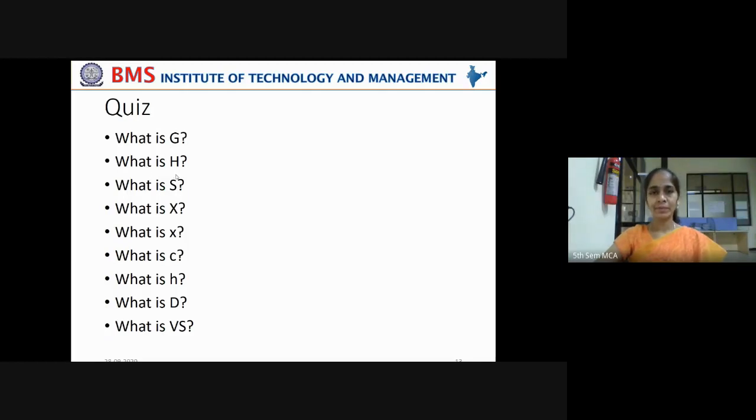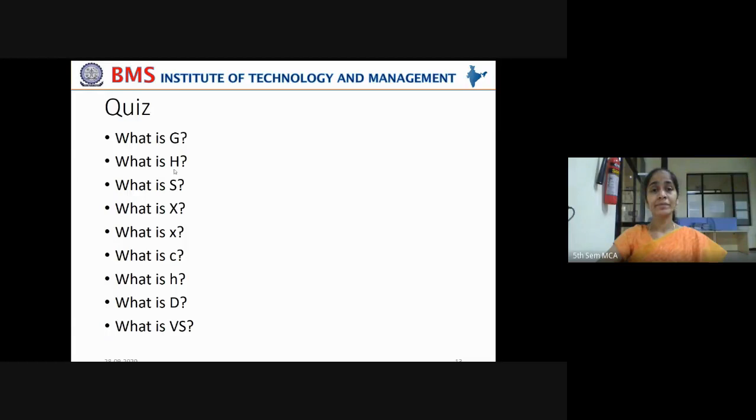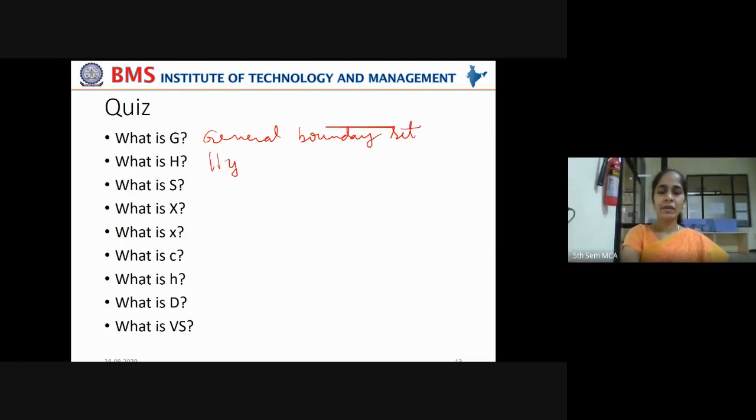What is H? Others, I want them to answer. Hypothesis space. H is the hypothesis space, which contains a number of hypotheses. All possible hypotheses, small h under capital H. So this H is called the hypothesis space. G is the general boundary set, as you said. H is the hypothesis space.